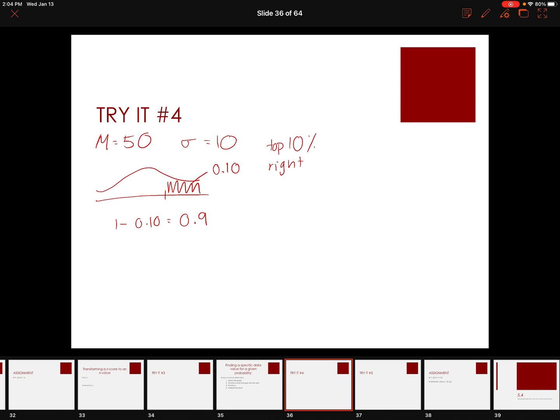So when I look at the table, I'm looking in the middle of the chart at 0.9, and the closest to that is 0.8997 for a z-score of 1.28.